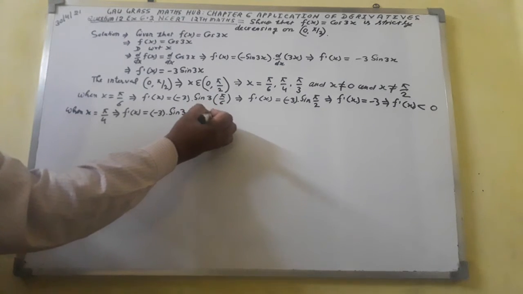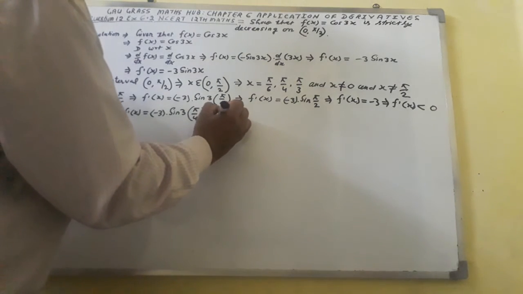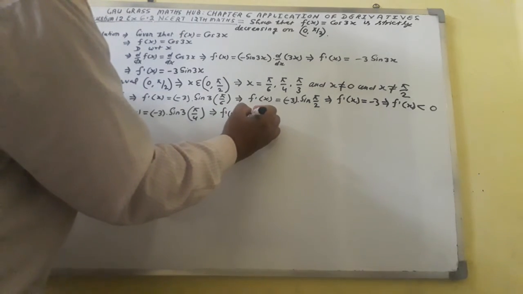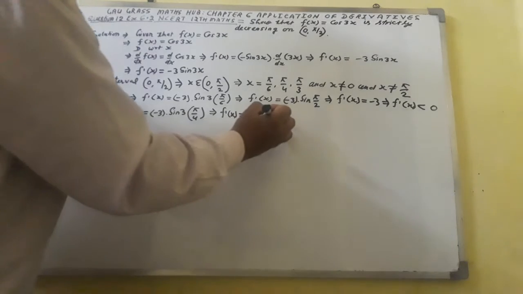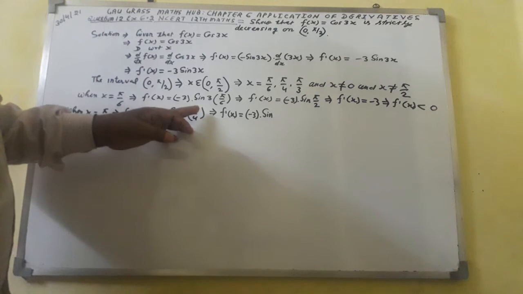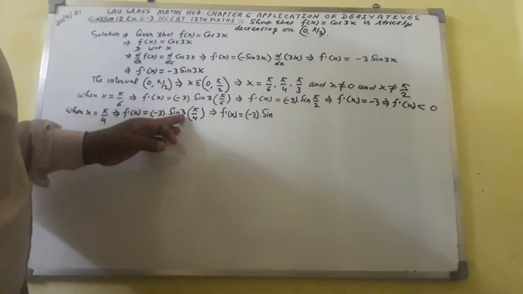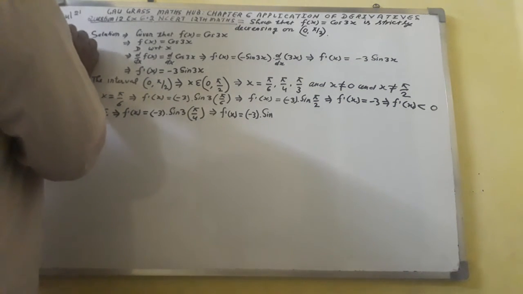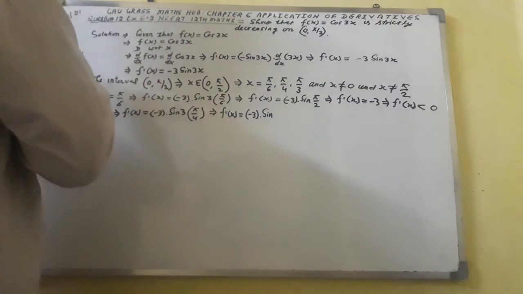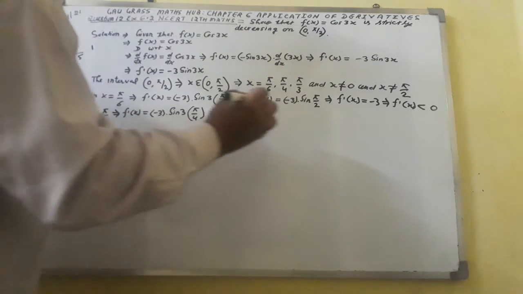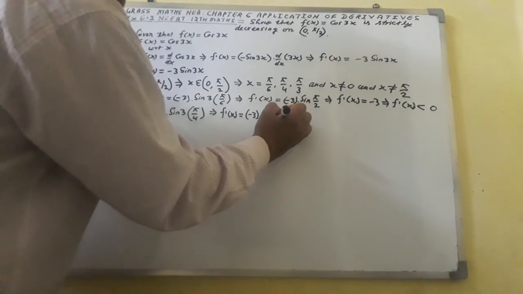We shall get f dash of x equal to minus 3, this comes out to be sine, and here we will get 45 degree. 3 will be multiplied by 45, which comes out to be 135. So here we will get sine 135 degree.